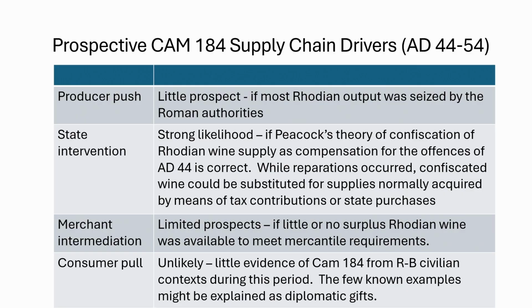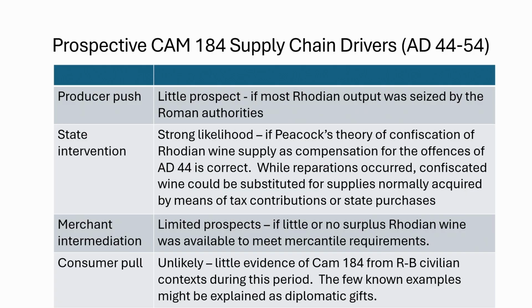Merchants, well, it's difficult for them to get hold of the commodity if there's not much of it around. But merchants, remember, might have quite an important secondary role supplying the transport itself, if the Roman state aren't dealing with it through their own distributors, their own legionary or auxiliary shippers.